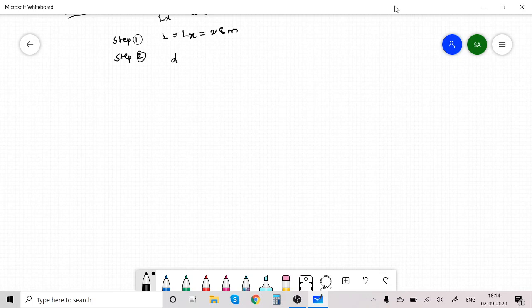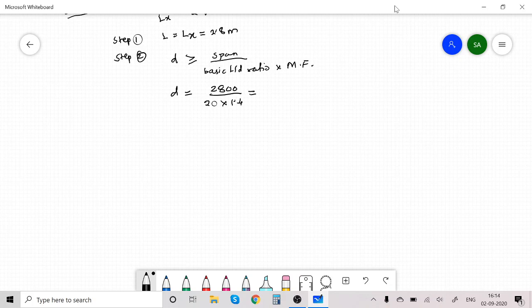Considering deflection criteria, D should be greater than or equal to span upon basic L by D ratio into modification factor. So D must be greater than or at the most equal to span, 2800 in mm, upon basic L by D ratio 20, and modification factor is given as 1.4. So D equal to 100 mm.